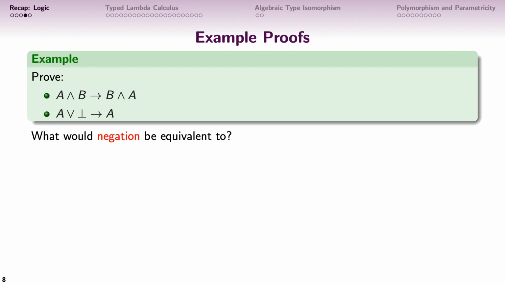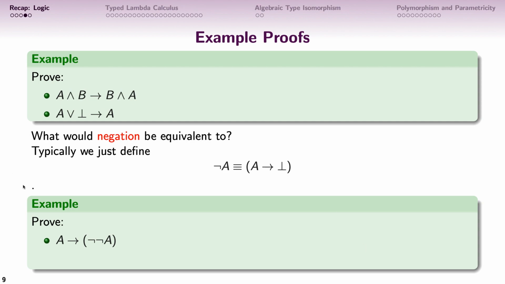So we'll just define not A to be the same thing as A implies false, right? And that way we don't need to have special introduction or elimination rules for negation. Instead, we just use the same elimination and introduction rules as implication.